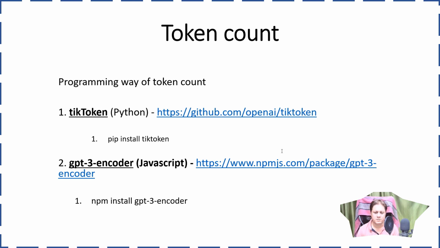If you have a budget constraint and you want to save your money, this is very important. So you can integrate it into your code before sending, to see how many tokens are there. This is a very important use case. You can install using npm install gpt-3-encoder. This is the command to install. You can install it on Node.js, React.js, AngularJS, any JavaScript environment wherein you are writing this code and integrating.